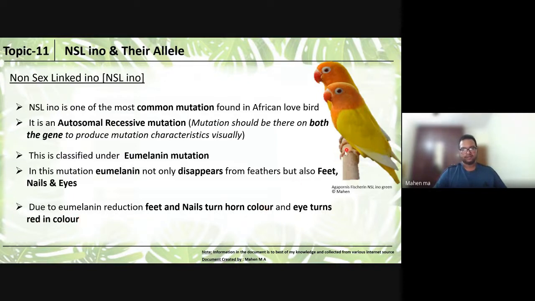Like we have cow's horn color, right? When we cut it, we can see a creamish pale color. So you will see such colors on the toes and the nails. And since eumelanin reduction is black color reduction in the bird, the black color is also reduced from the eyes, so you can see only the red color in the eyes. So this is a brief introduction to the Ino mutation.